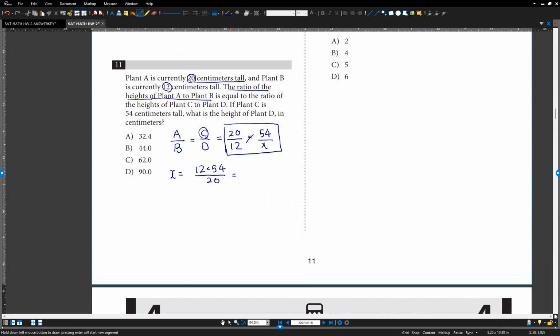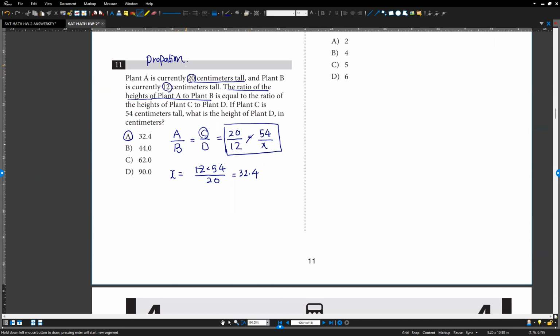Use your calculator. 12 times 54 and divide by 20. That is 32.4, okay? That's the answer. This is a proportion problem.